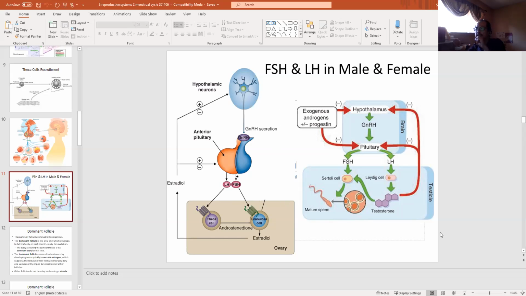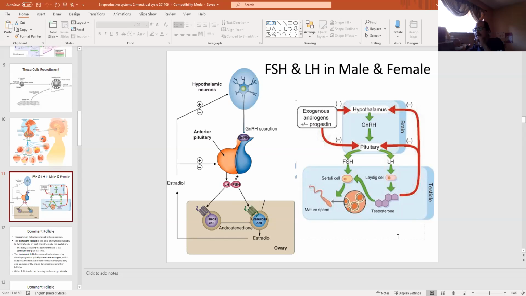Similarly, this one is the same figure that we showed in our earlier lecture, on the development of spermatogenesis. So the LH and FSH: LH acts on the Leydig cells, stimulating the Leydig cells to produce the testosterone, the male sex hormone.